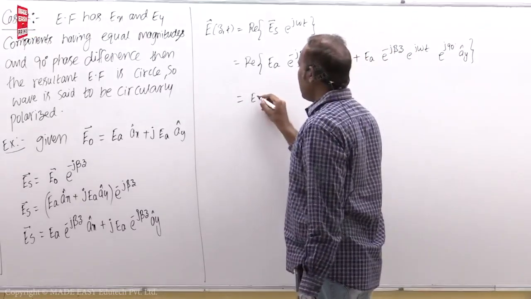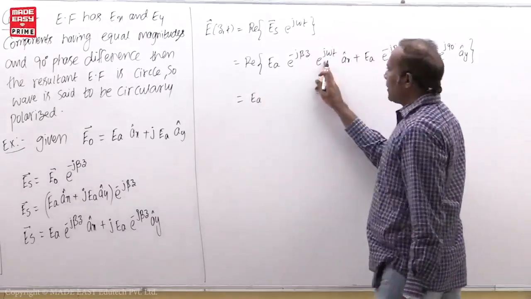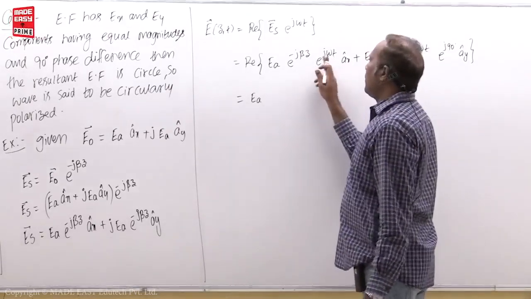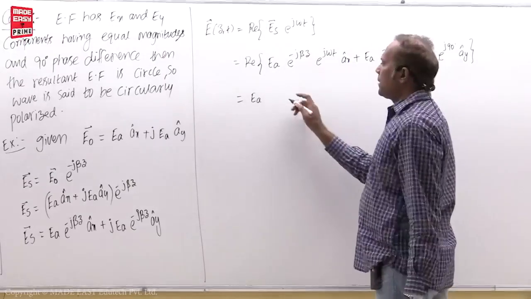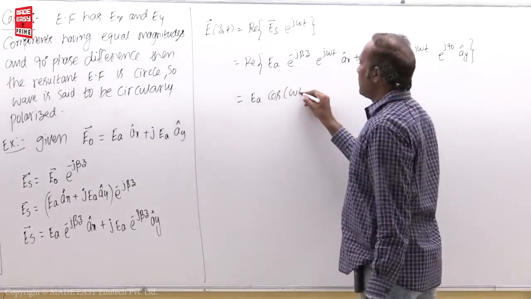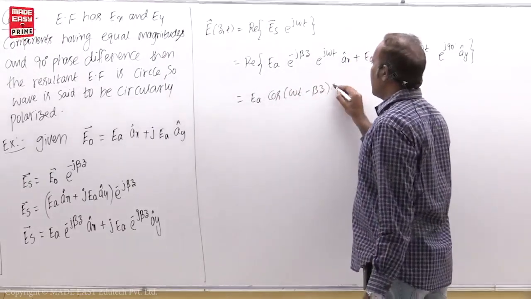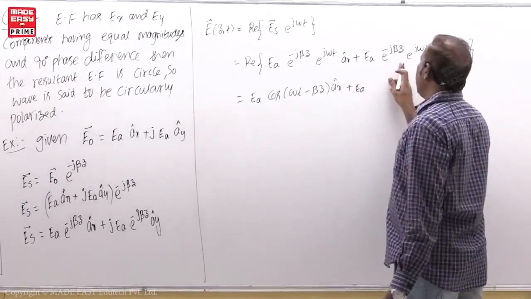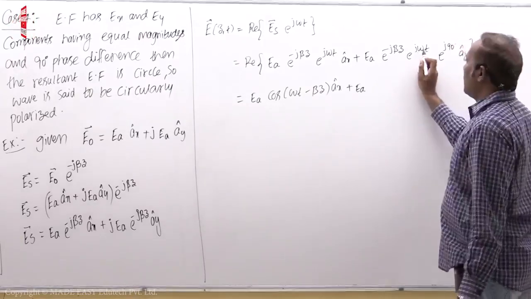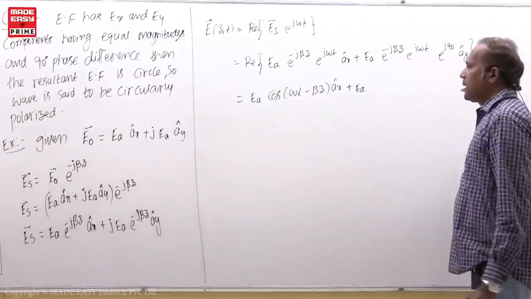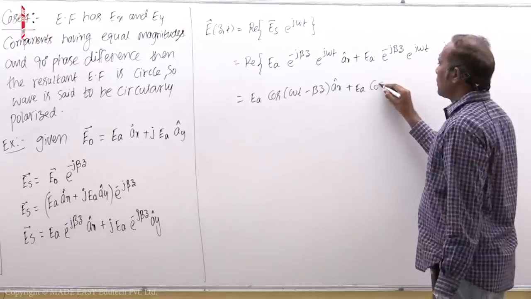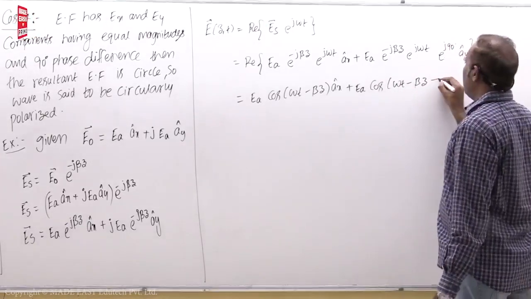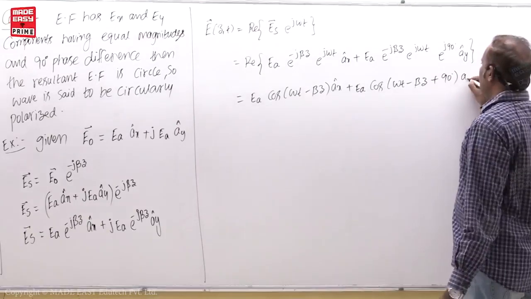So that is EA, with j common in the exponential, e power j omega t minus beta z, and the real part is cos. So cos of omega t minus beta z ax, then EA cos of omega t minus beta z plus 90 ay cap.